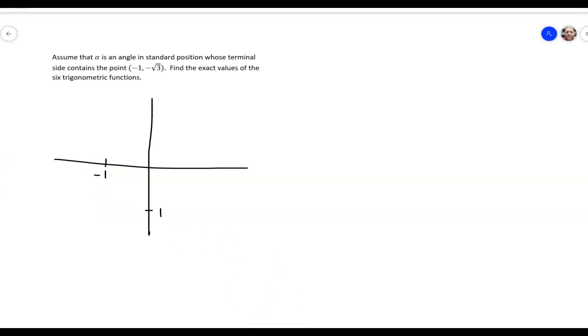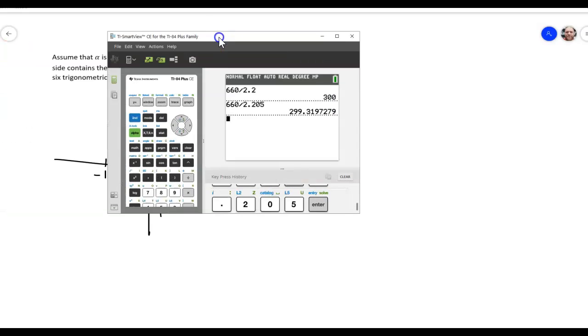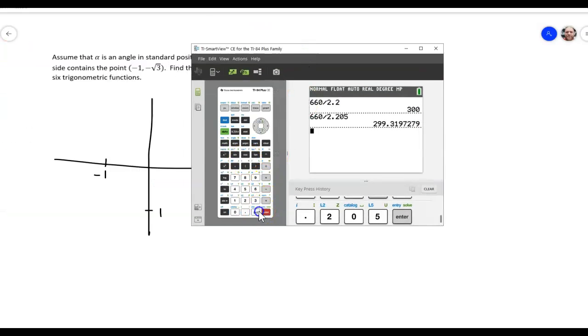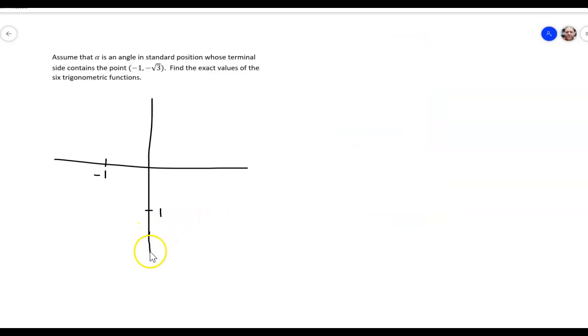If I take my calculator out and approximate that, √3 is around 1.7, so that'll be a little bit closer. Here's -2, so that's going to be right about this point here. So -1, √3 is in our third quadrant.